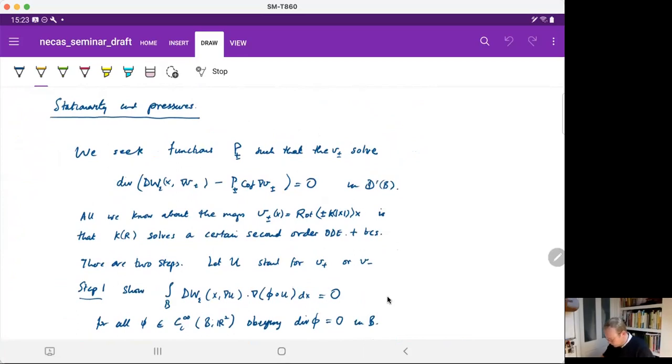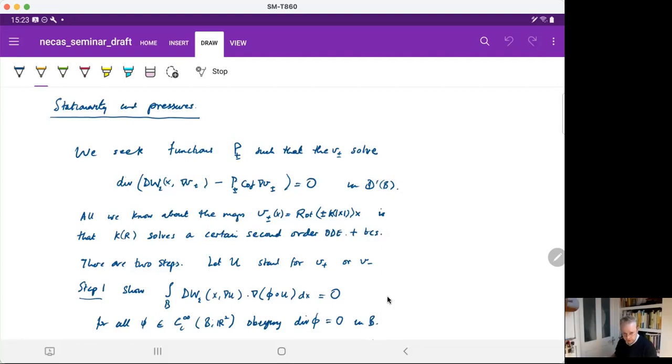So the second part of the talk is about stationarity and the associated pressures. What we're looking for is effectively the Lagrange multiplier, which satisfies this top equation here in the distributional sense. But all we have at the moment is essentially one-dimensional information about these twist maps.